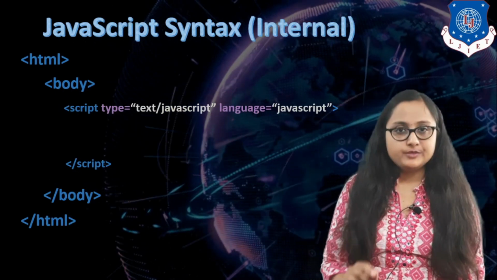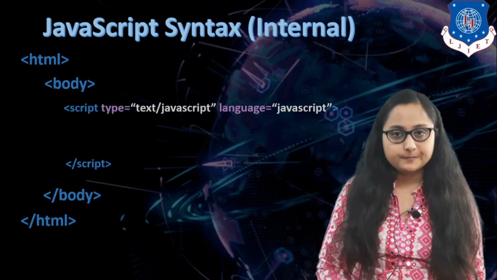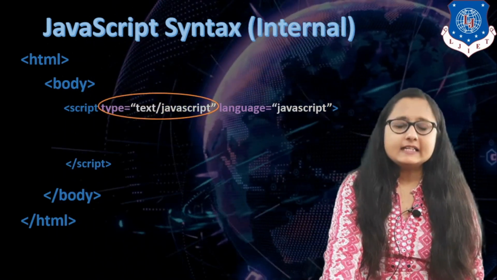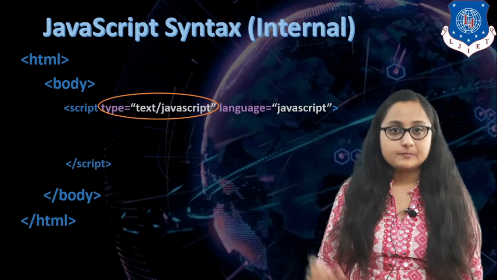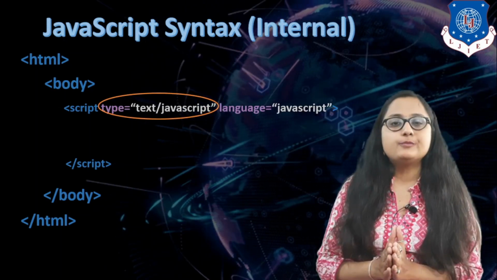Script tag has to be written, and inside the script tag there are two attributes which are to be written. The first attribute is the type attribute, and in the type attribute the value is text/JavaScript. So recall the style attribute, you can compare it with the style attribute of CSS.